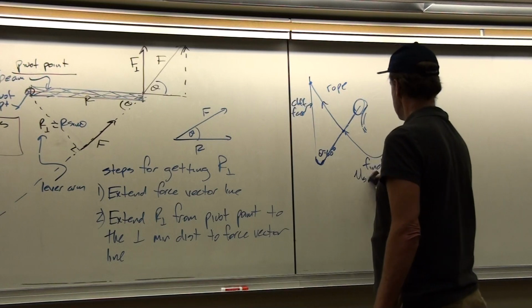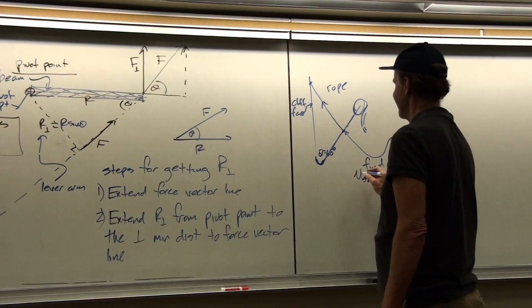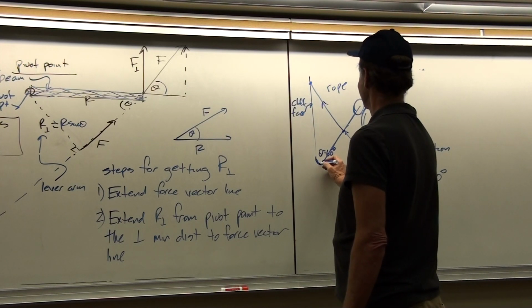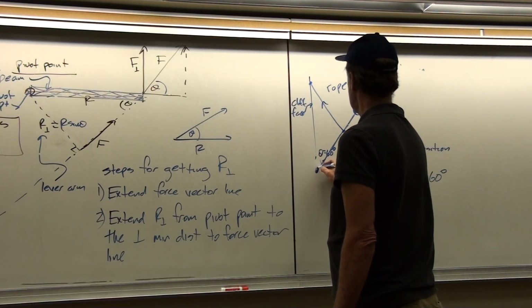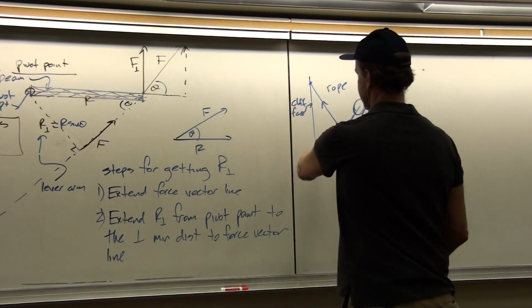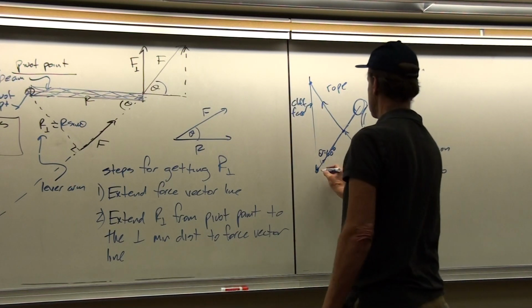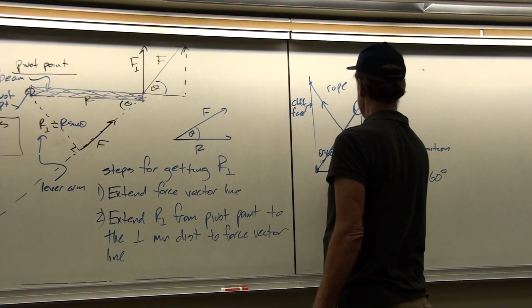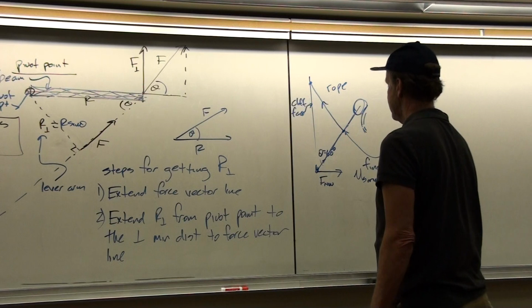I should say this is the coefficient of static friction minimum, because if you had something that was larger than that, that would also hold her onto the cliff. Okay, so her feet then are attached to the wall here, and so we must have a static friction force acting from this position as well as a normal force. So this will be F normal of the cliff face, or the wall we could call it.